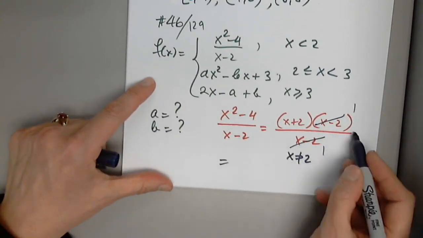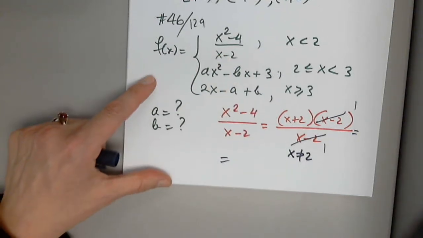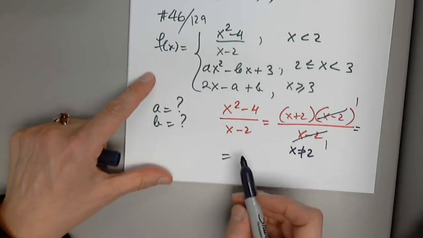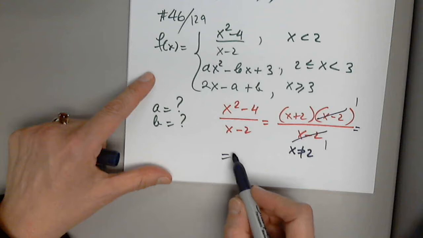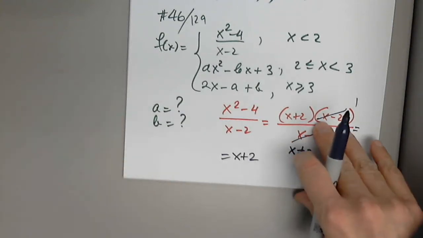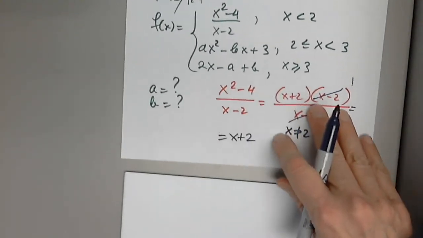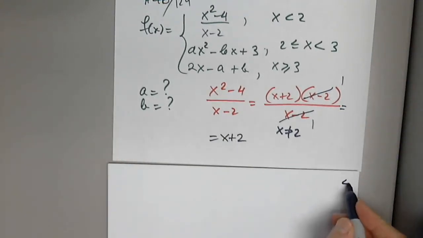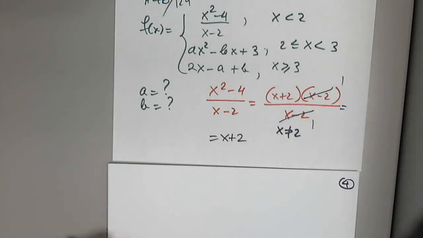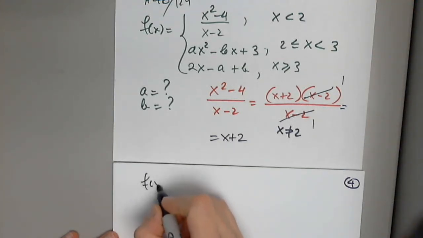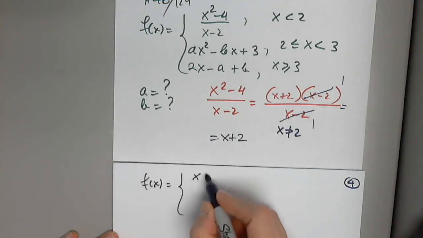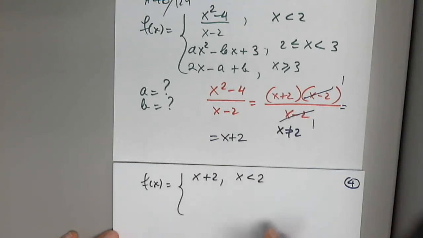So the first branch of the function can be simplified into x plus 2. I will rewrite the function because this is very important. Remember, my first thought ever is what? Simplify and factor. Okay. So the function now becomes x plus 2 for x less than 2.